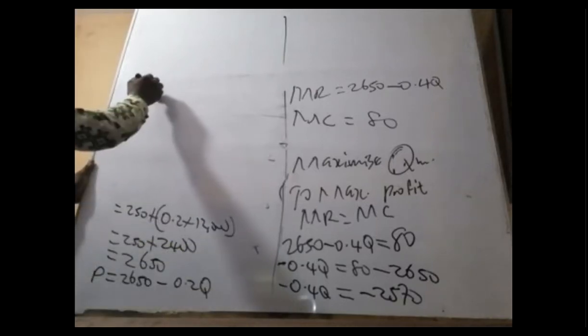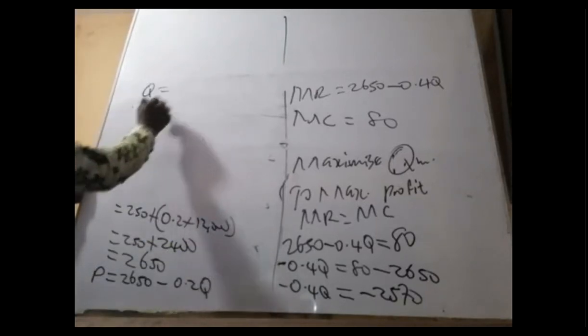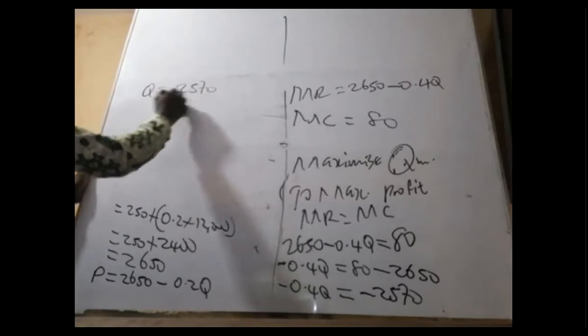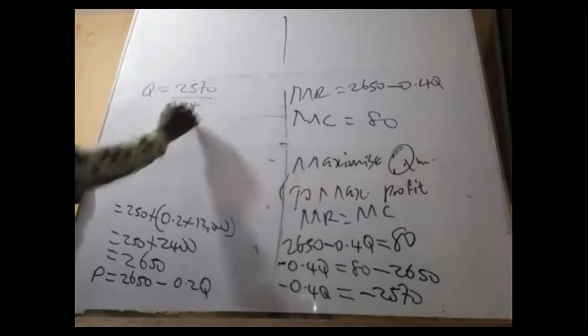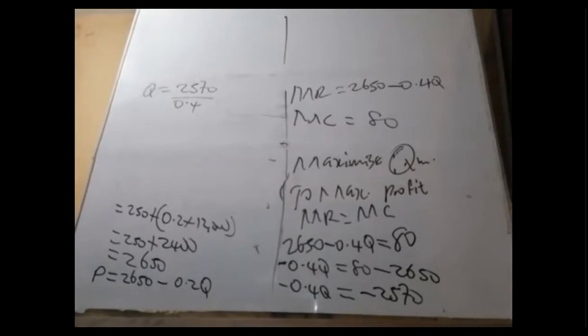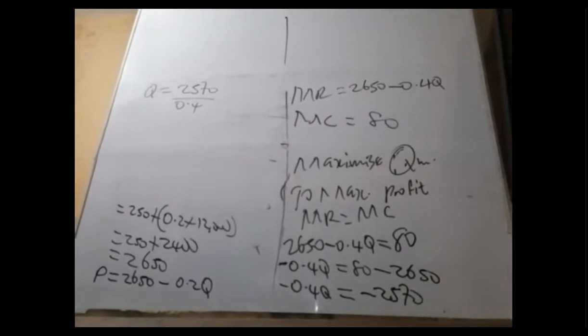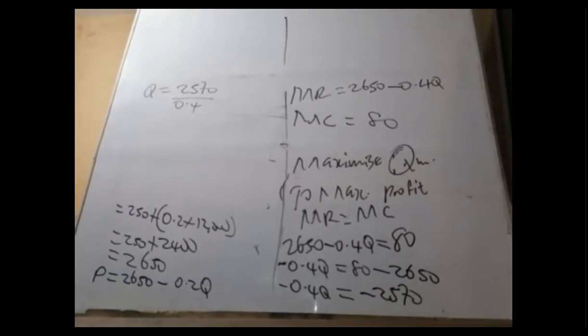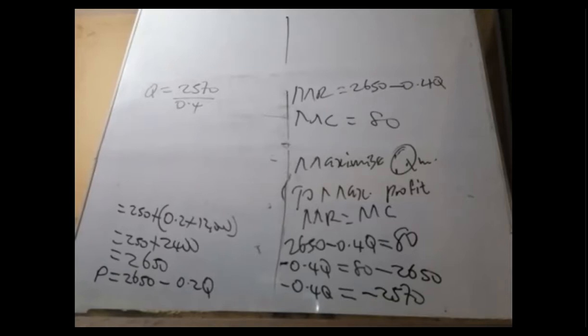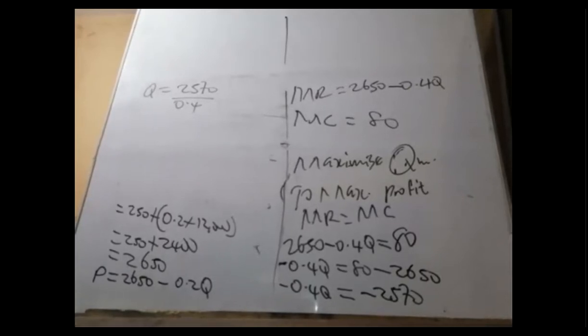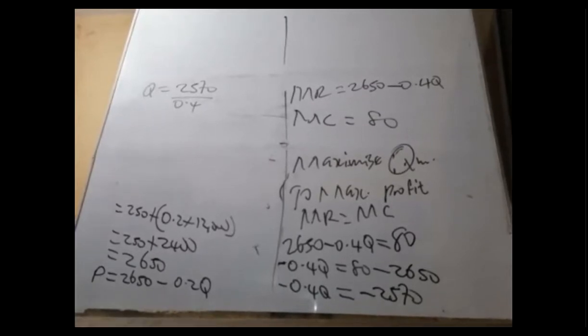Tell the examiner that Q is equal to 2570 all divided by 0.4. Don't go plenty. We are not doing mathematics here. If you go plenty, negative cancels negative. I don't believe the final answer is wrong.